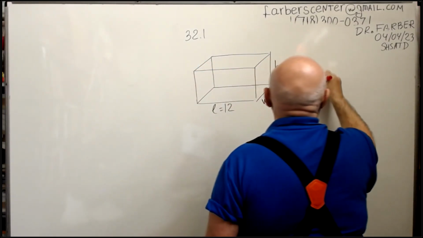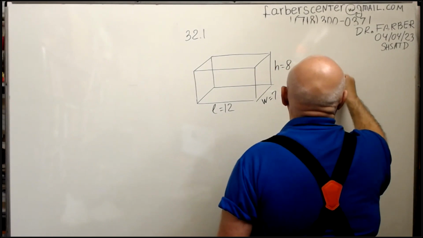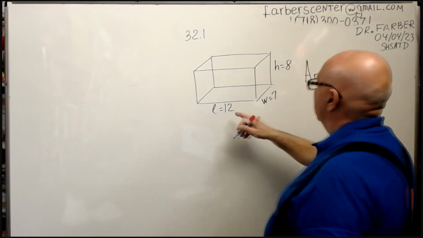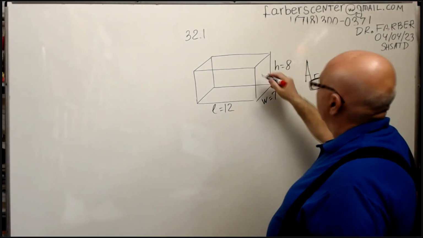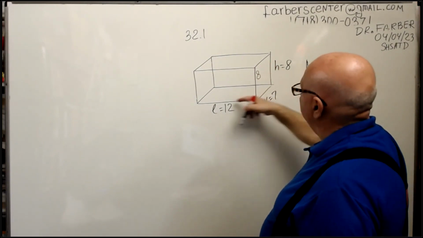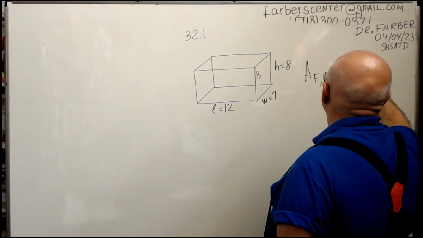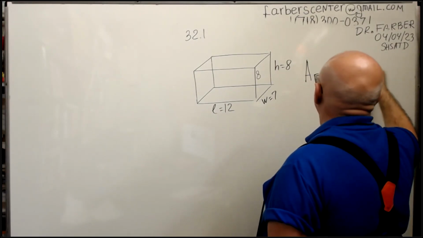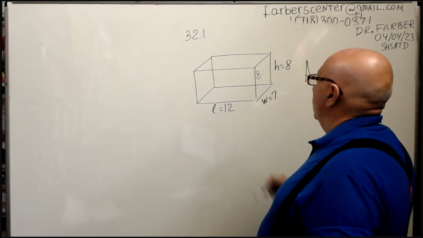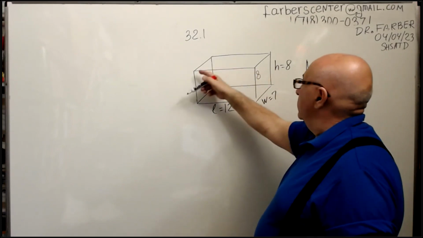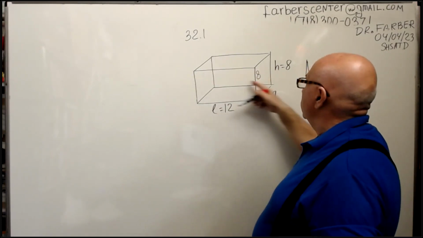The area of front and back equals 12 times 8. And you have to multiply by 2. Why? Because we have this one, and we have this one in back.